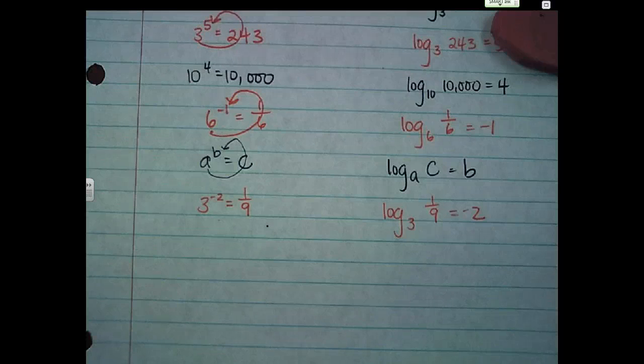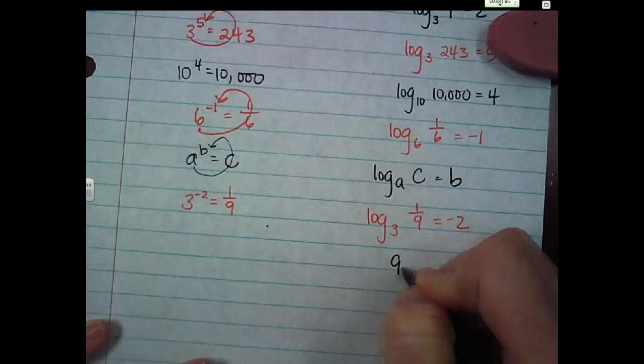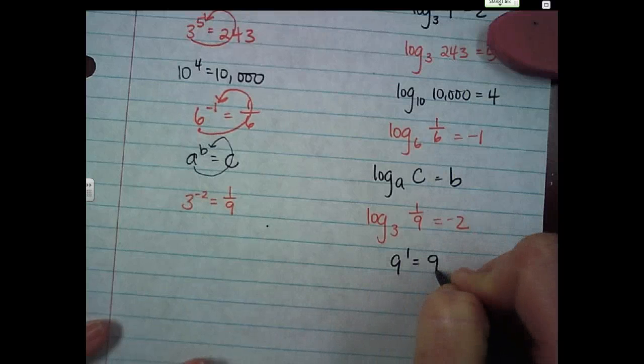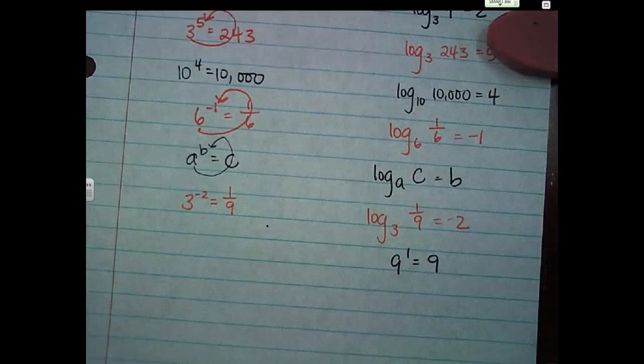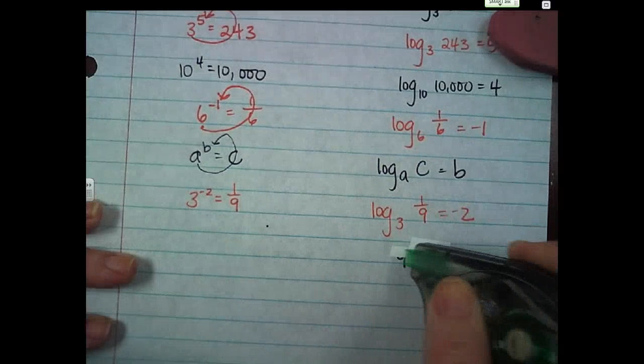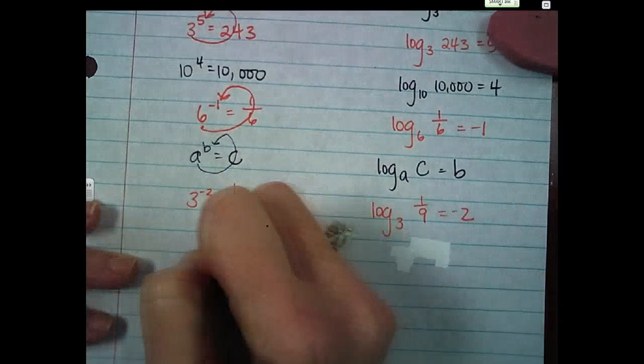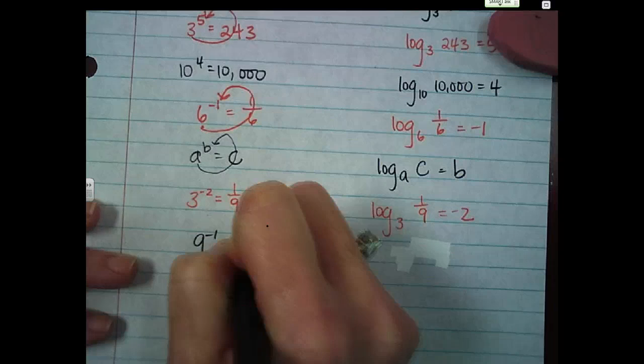Now then we're going to go the other way. Okay, I'm going to give it to you in log form, and you're going to write an exponential. Oh, did I do it backwards? I'm sorry, guys. I think by now I'll be more awake. I've been here all day.